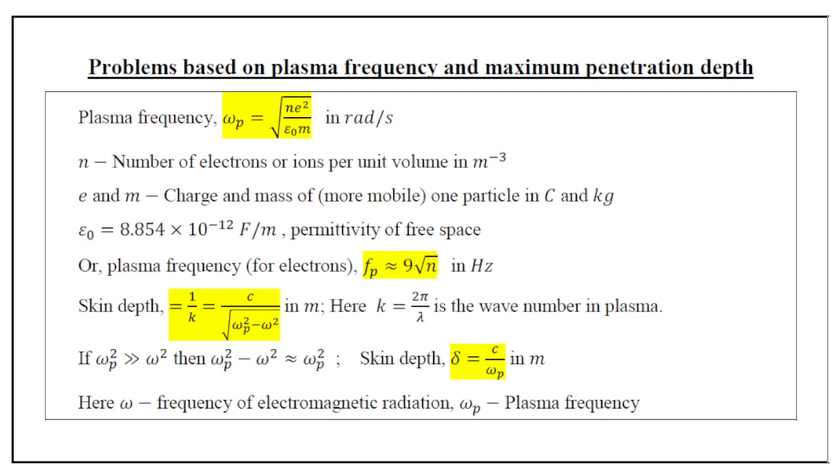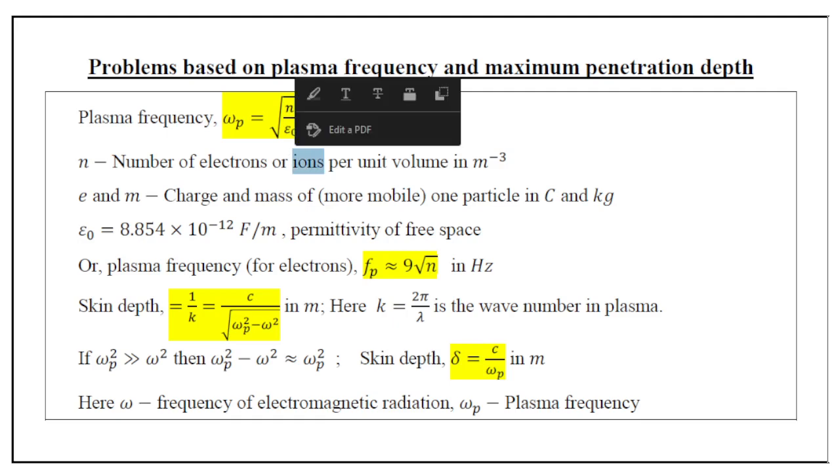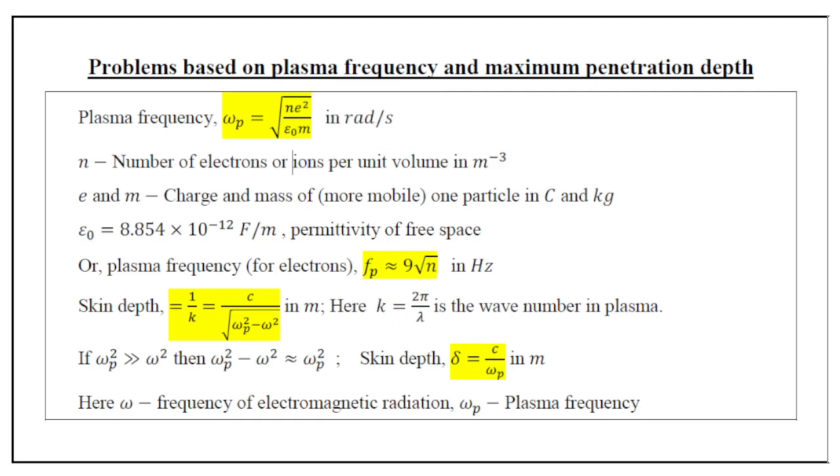Then next problems are based on plasma frequency and maximum penetration depth. Plasma frequency is the oscillation frequency of electrons or the plasma particles. In many cases, if we consider a collection of electrons and ions, ions are almost at rest and electrons are very light particles, so they are considered as the plasma particles.